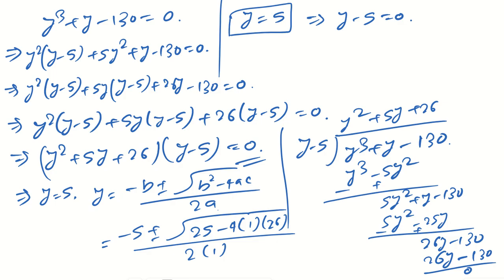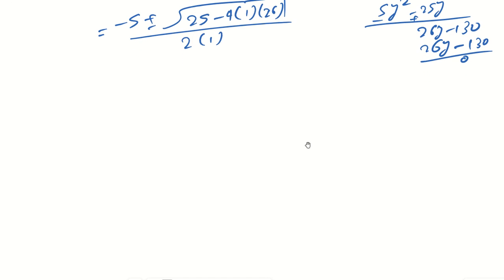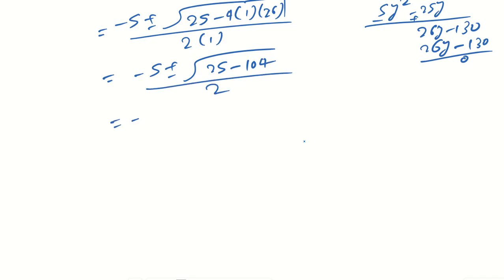This is going to give me, what is the value that is going to come? Minus 5 plus minus root under 25 minus 104, that you can see very easily. Minus 5 plus minus, this is a square root of 104 minus 25, that is going to come up as 79, divided by 2.